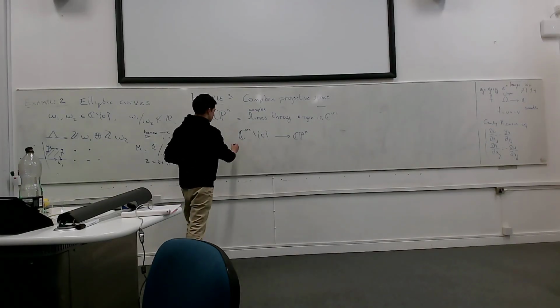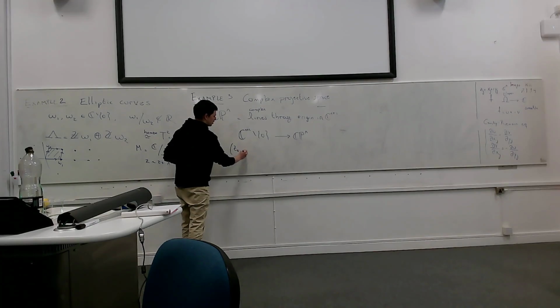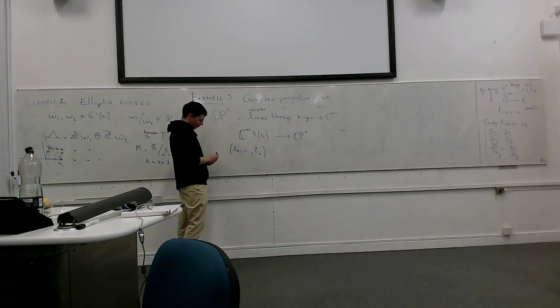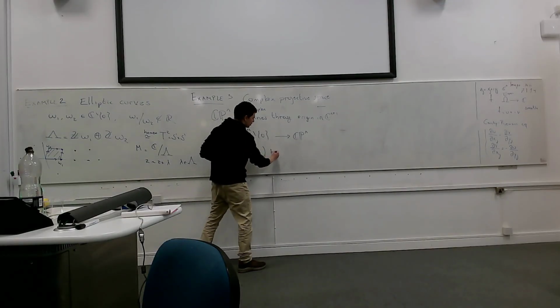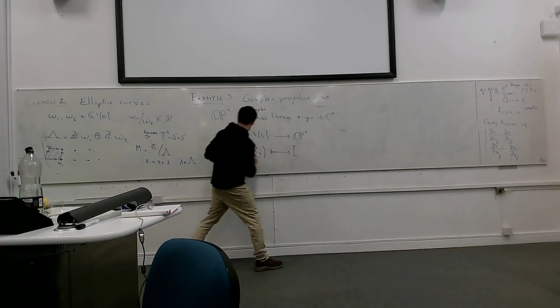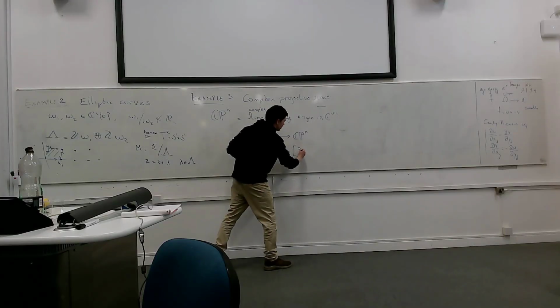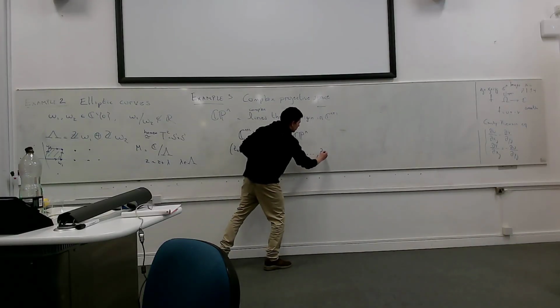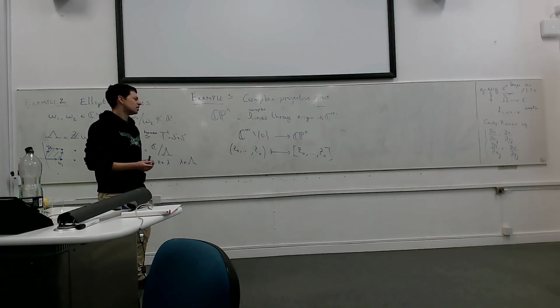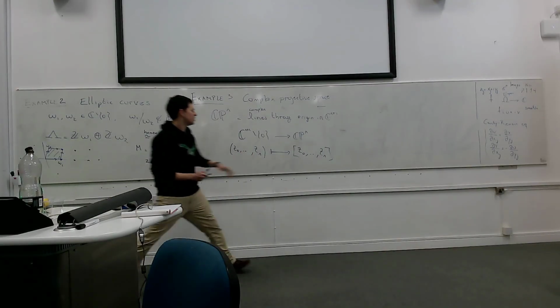This sends a vector (Z_0, ..., Z_n) to its class. Here I'm using capital Z, because these are not coordinates on a manifold; they are coordinates on C^(n+1). The equivalence class is denoted with brackets [Z_0 : ... : Z_n]. So that's the equivalence class of the vector, the line that the vector spans.